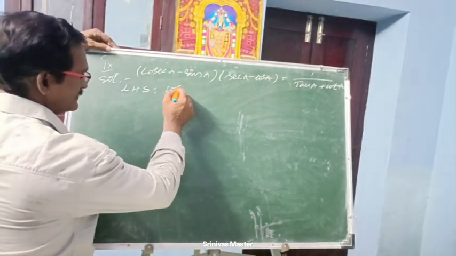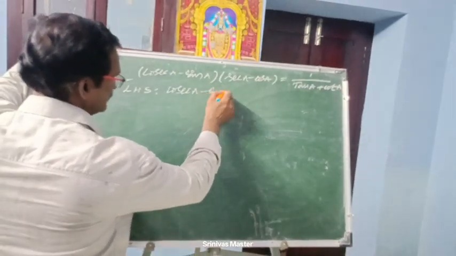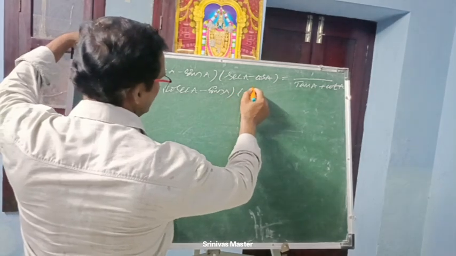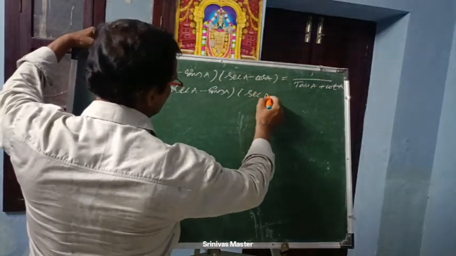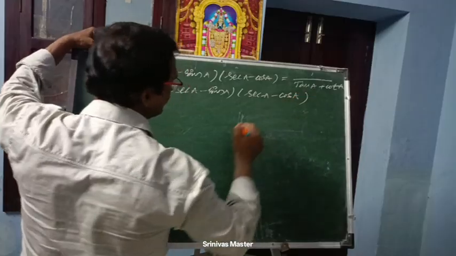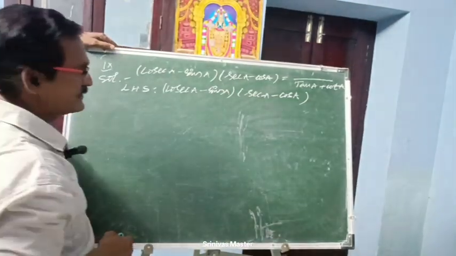What is LHS, children? Cosec A minus sin A into sec A minus cos A. Right. So you know that cosec is the reciprocal of sine.